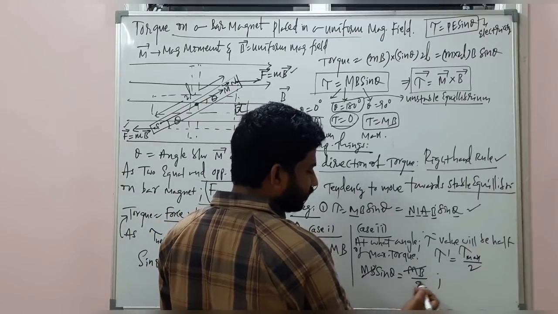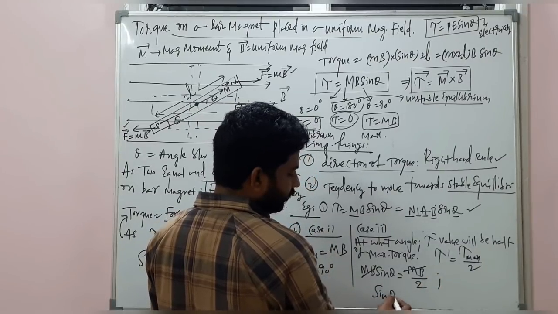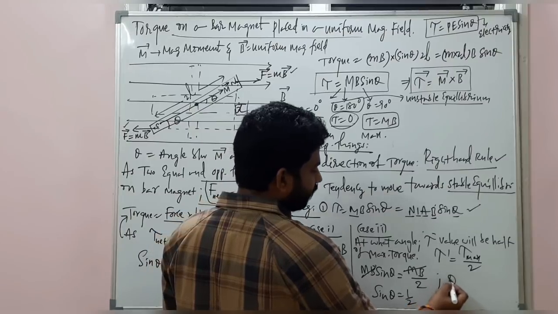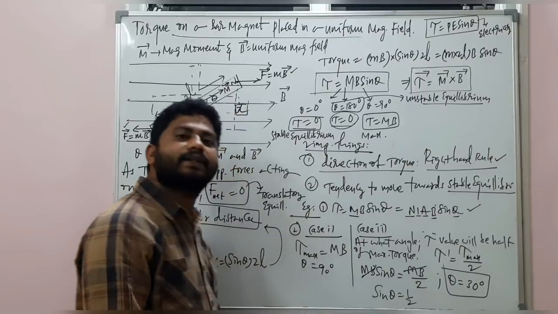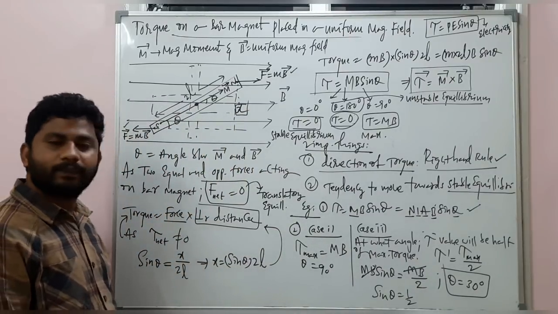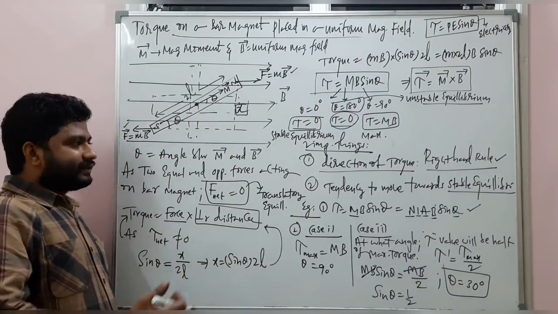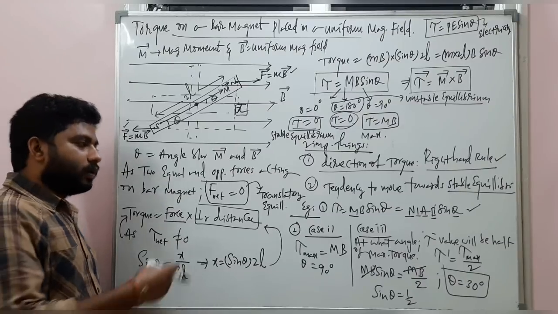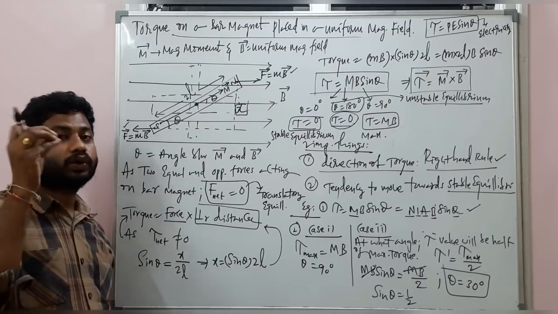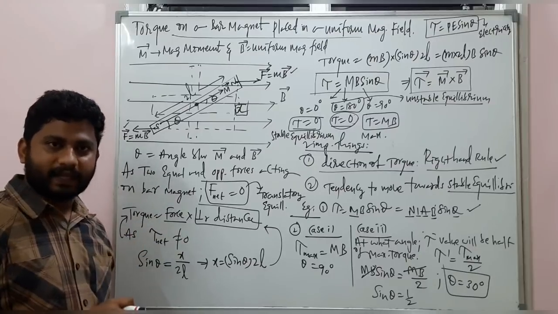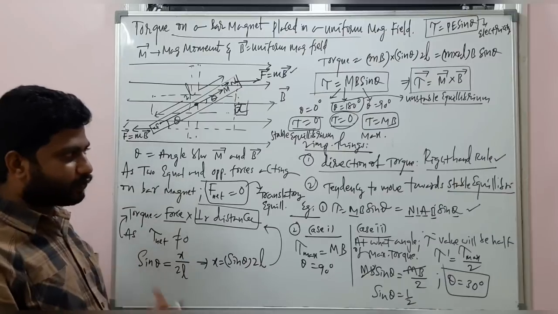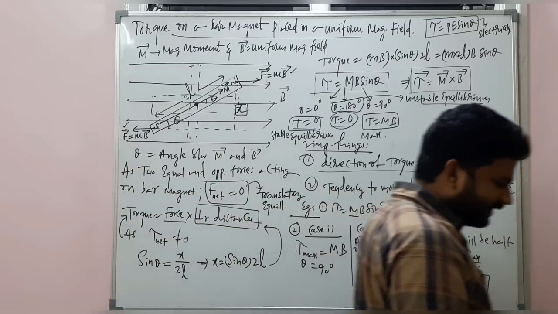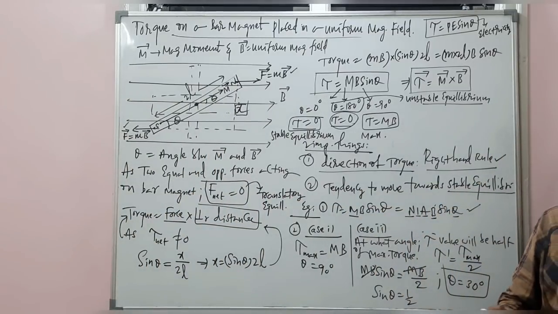So when sine theta is 1 by 2, theta value will be 30 degrees. This is how questions will be asked. Clear? Let's solve some more questions and topics in this session. I hope you're understanding very well, as we are discussing each and every topic of the chapter at a slow pace.